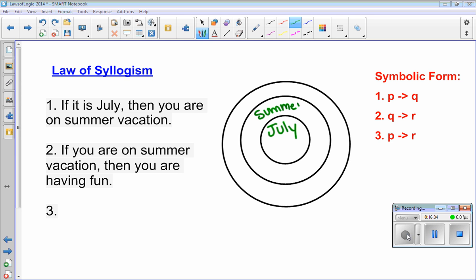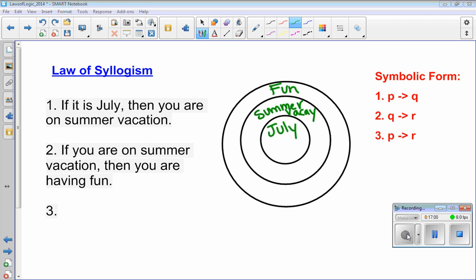Oh, summer vacation, I missed you. Vacay. Okay. So let's figure out the second sentence. So if you were on summer vacay, is that okay where it is? Because it's on the inside of another circle, right? So if you're on summer vacation, then what? You're having some fun, right?